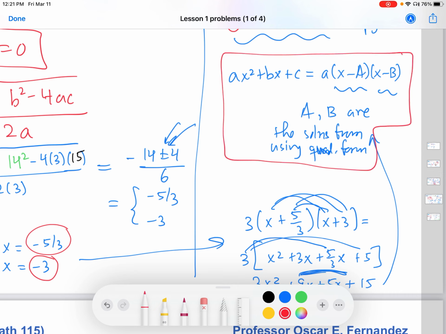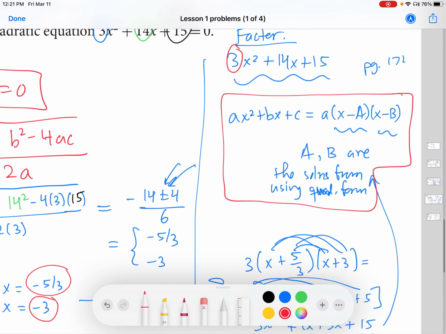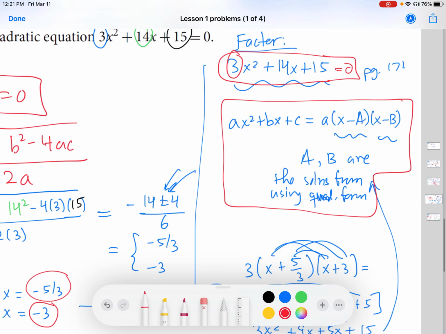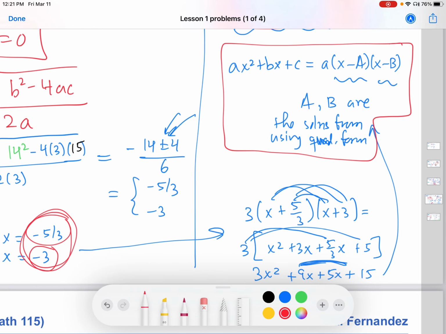When all else fails and you've tried your best to factor using the techniques that we talked about in the previous video or other techniques like factoring by grouping, for example, and you still want to factor things out, you can use the quadratic formula to solve whatever you're trying to factor equals 0, to get the two solutions, and then do the process we just did here.